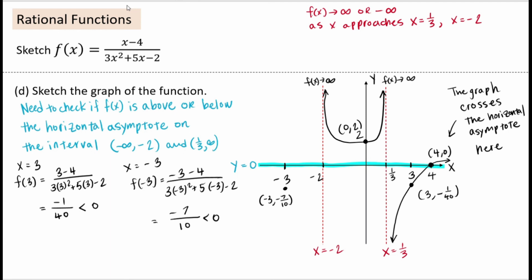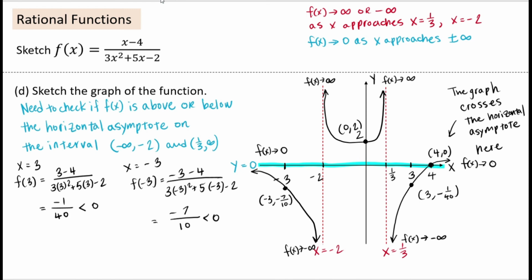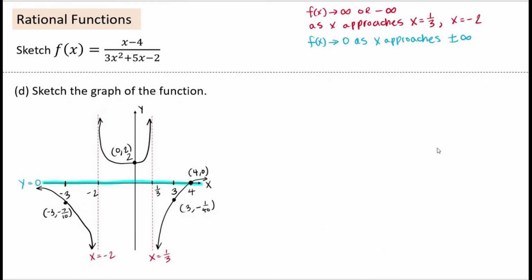As x approaches negative infinity, the graph approaches the horizontal asymptote, y is equal to 0. And as x approaches negative 2, the graph approaches negative infinity. This is the sketch of the function f of x.